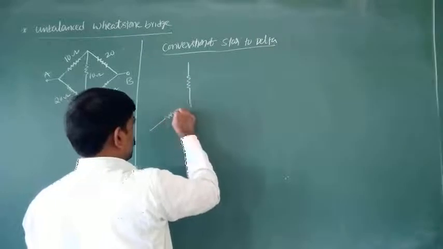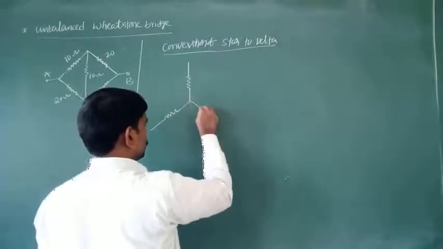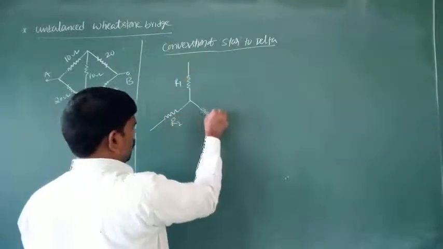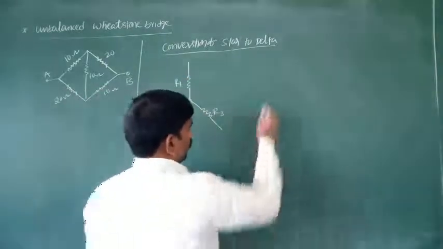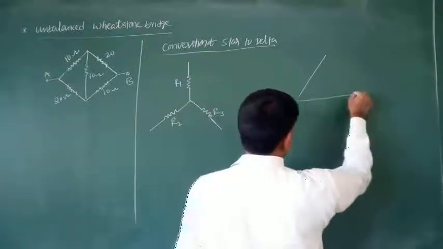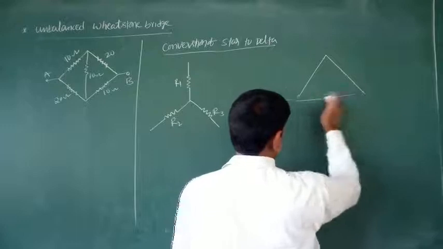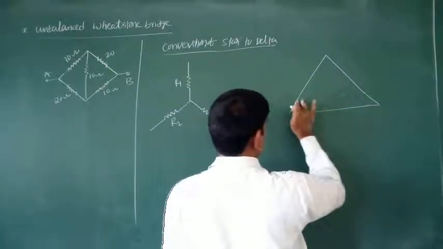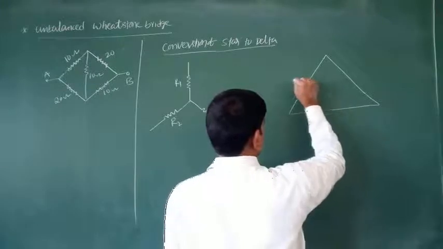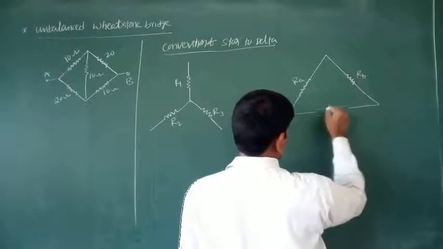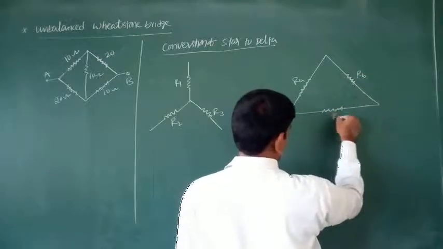This is the star. Here first one R1, this is R2 and this is R3. Here, this is the delta. This is RA, this is RB, and this one is RC.